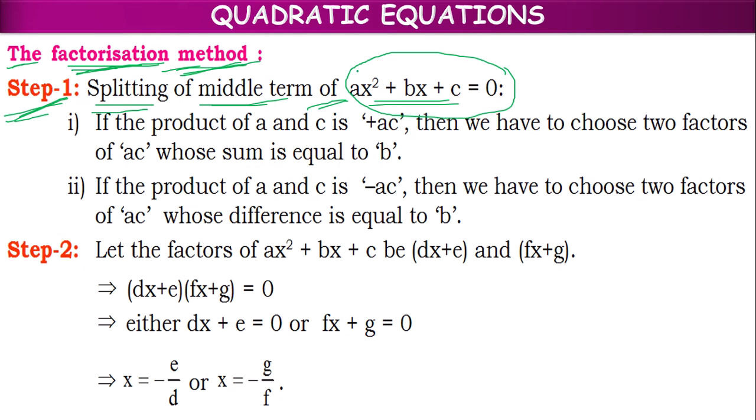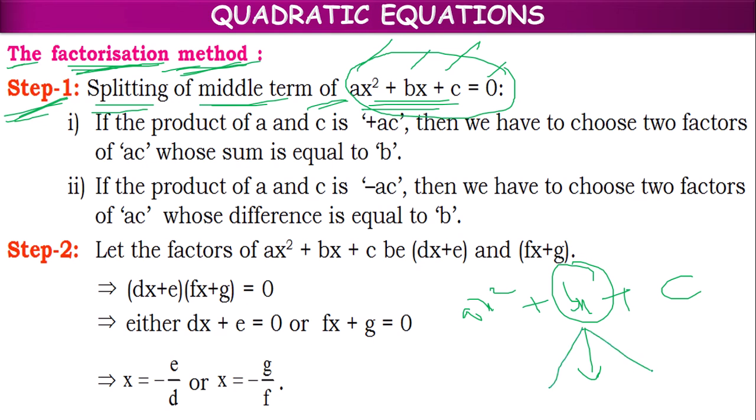On the left hand side we have ax square one term, bx second term, c third term. In this, the middle term is the second term. This middle term is to be splitted into 2 terms.